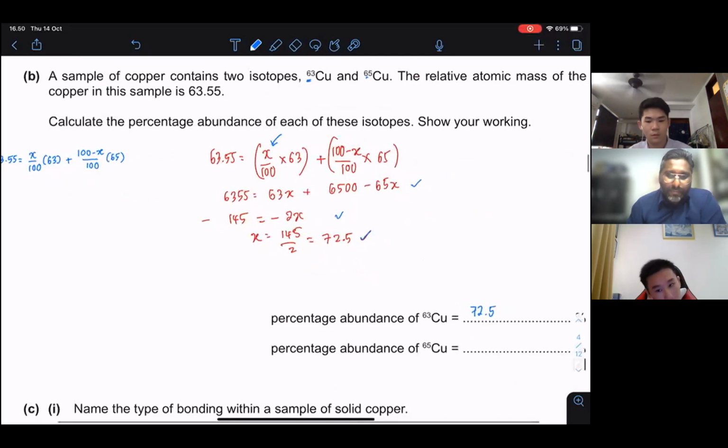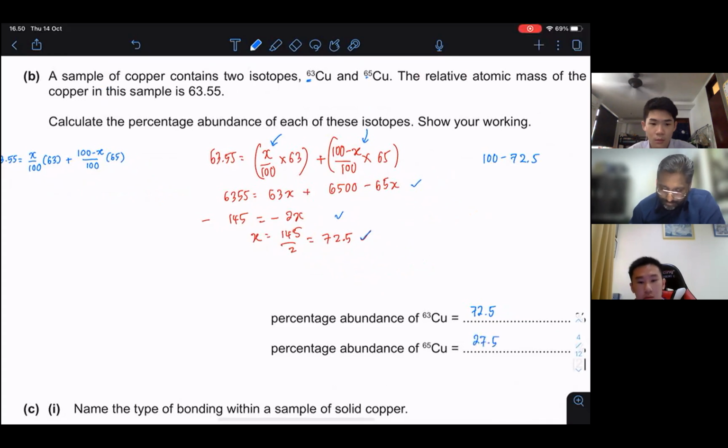So what is the percentage of abundance of copper 65? 100 minus X, so 100 minus 72.5. You will get 27.5, if I'm not mistaken. So 27.5 percent. That is how you calculate.